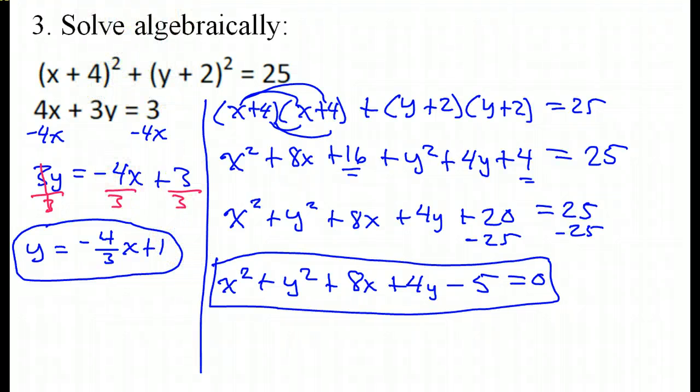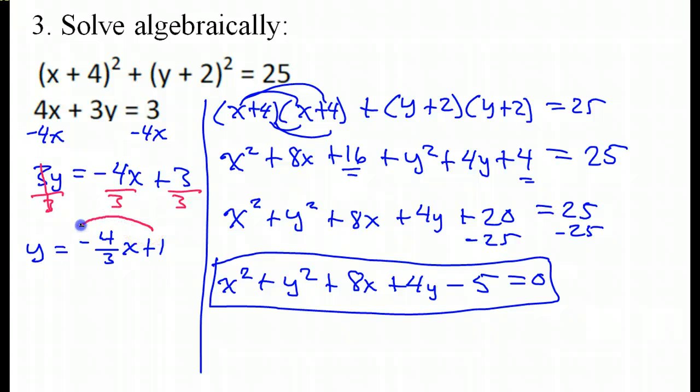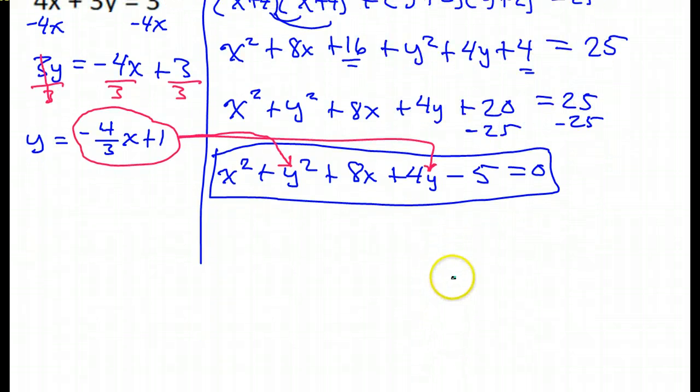So now we will take this y expression and substitute it. It's going to be ugly because it has the fraction in there, but we have to deal with it. We're going to put it in here for this y, and we're going to put it in here as well. Let's see what this craziness looks like.